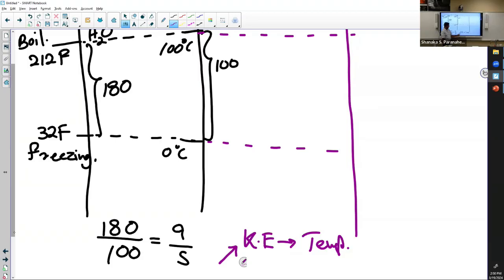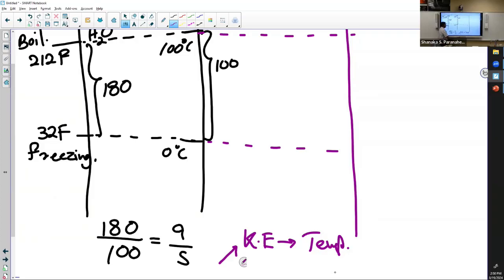So it's going to be zero kinetic energy. Temperature is the average kinetic energy of all the particles. So when particles are not in motion, kinetic energy is zero. The average energy of all those particles should be zero. So temperature cannot be negative according to the scientific definition. These two scales do not agree with this definition because there are negative values.